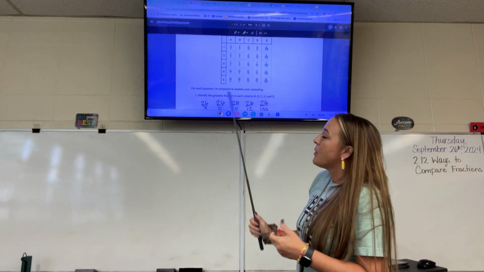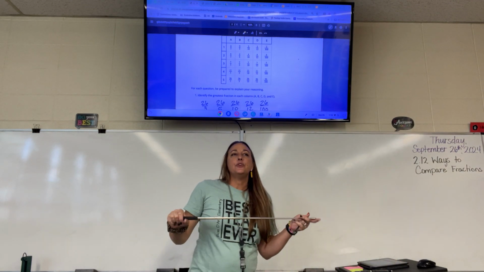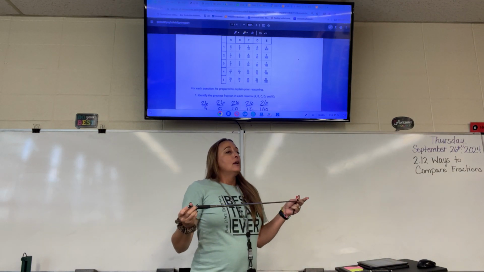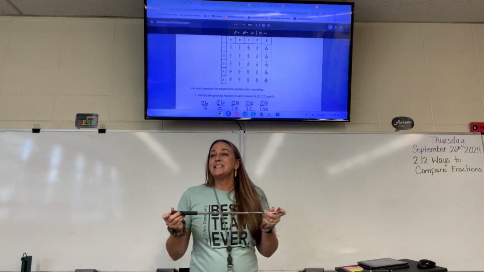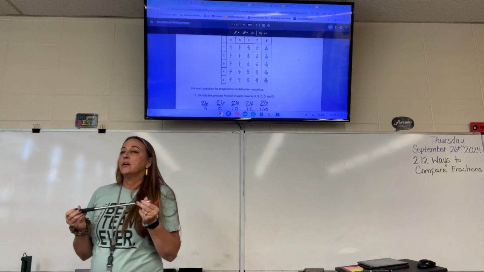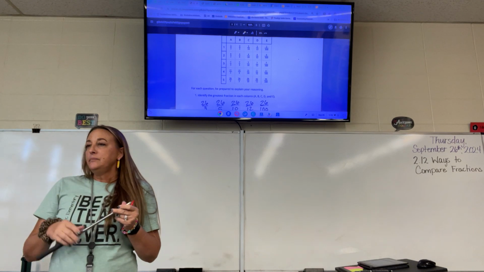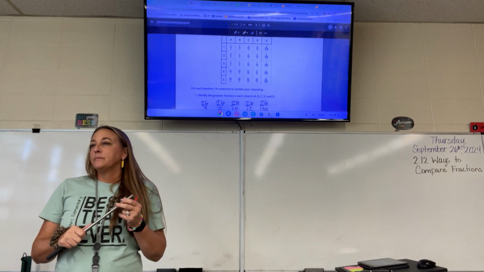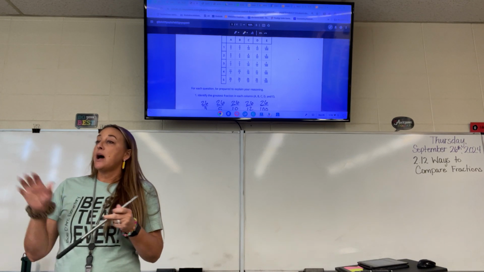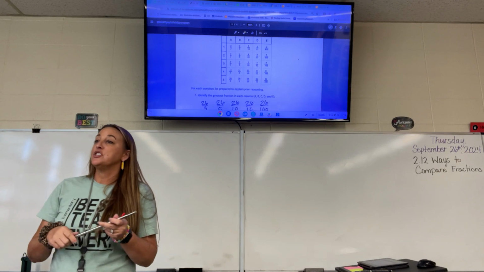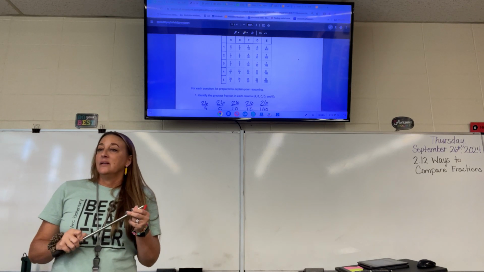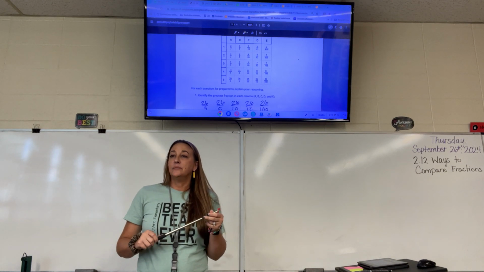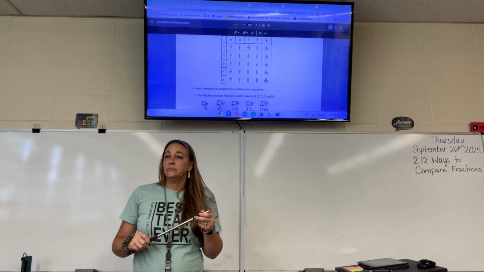And so, what do you have to do when you have the same numerator? How do you decide which is bigger? Fisher? When you have the same top number, how do you know which is bigger? Evan? Which top number is the biggest?